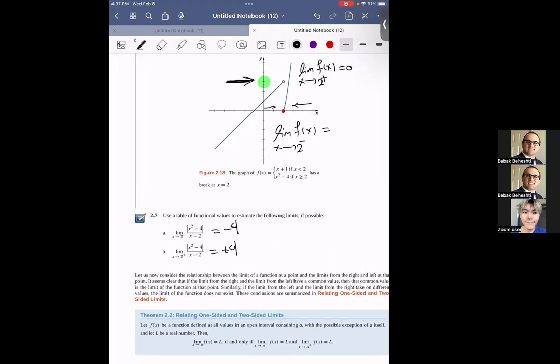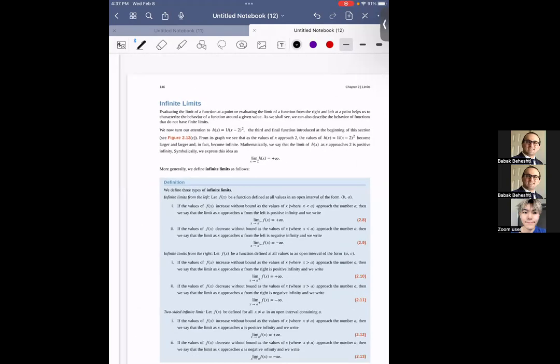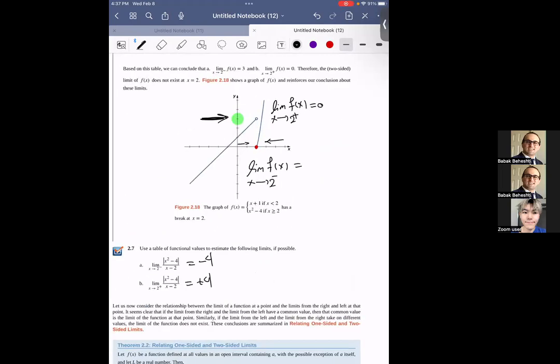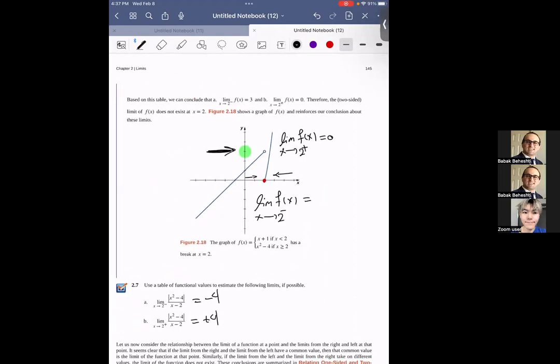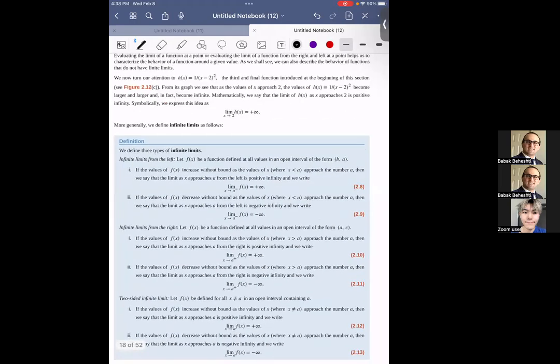No, this here is a coincidence, but it's not always the case. For example, in this example, the right limit is 0 and the left limit is 3.